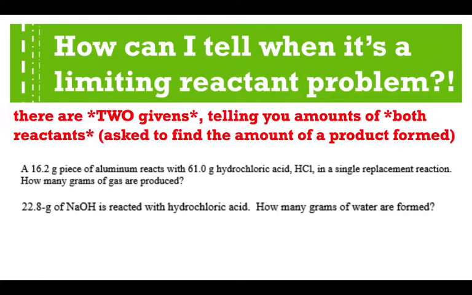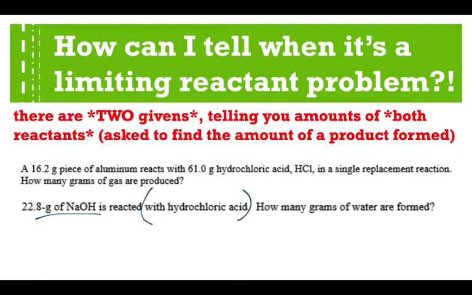In contrast, a normal stoichiometry problem normally just has 1 number in it. It's 22.8 grams of NaOH. It's the only given. You can tell this is just going to be 1 stoichiometry problem for you to do. And all it is asking you is how many grams of water are formed. Sometimes even it mentions that other substance. It says that that much sodium hydroxide is reacted with hydrochloric acid.